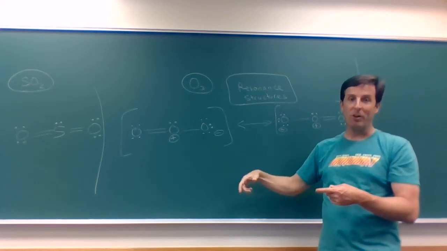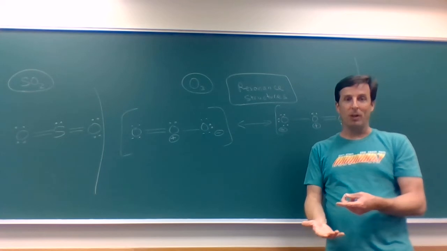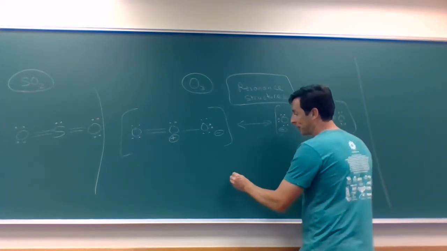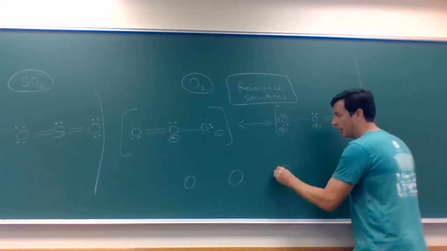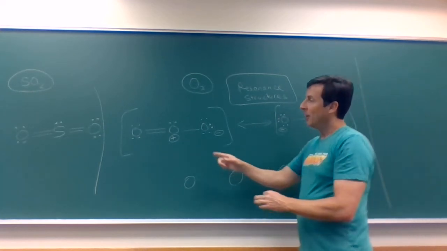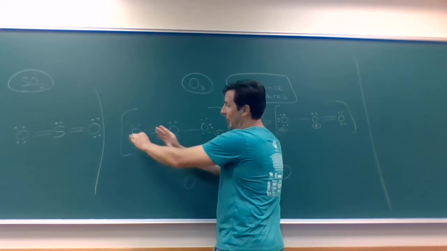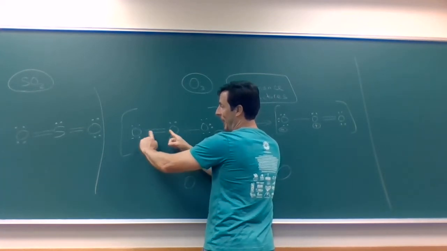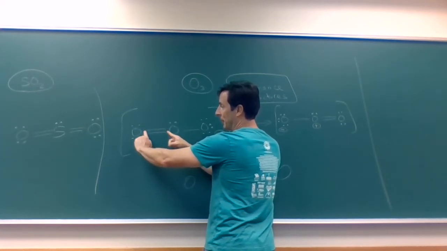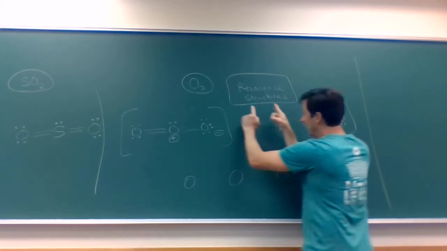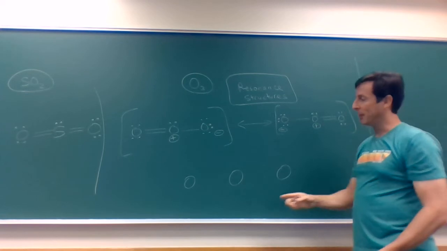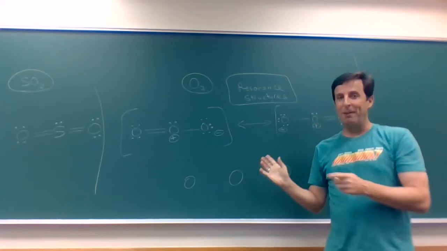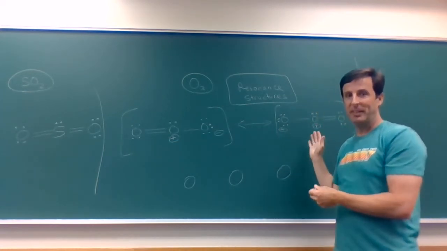So let's draw what the average would look like. Well, my middle oxygen is still going to be there, with my 2 oxygens on the outside. If I focus on the left side of the molecule, in this structure I have a double bond between these atoms. But if I come over here, in this structure I only have a single bond, which means that between these 2 oxygens, half the time it's a double bond, half the time it's a single bond.